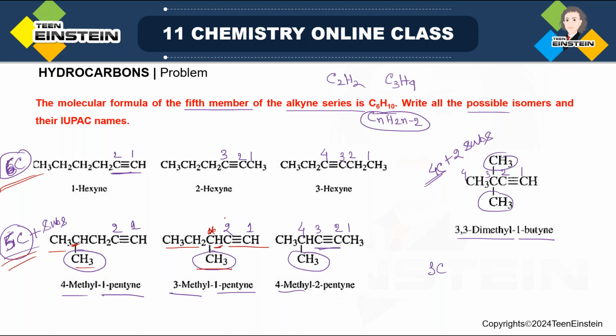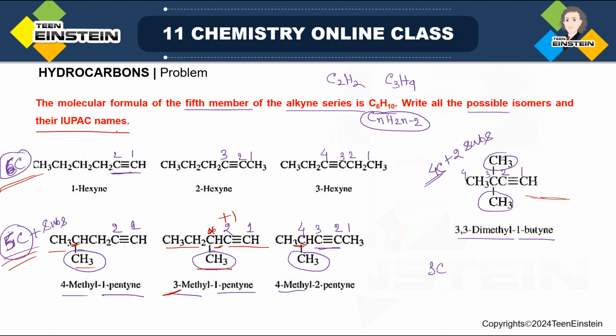So this is a chiral center, so it will have one more enantiomer, and this is not a chiral center. Here also you do not have any chiral center. So only 3-methyl-1-pentyne has enantiomers. So these will be all the possible isomers and the corresponding IUPAC names. When you draw its enantiomer, you will have S-3-methyl-1-pentyne and R-3-methyl-1-pentyne. These two will be the variation, because the question says to also write the IUPAC name.